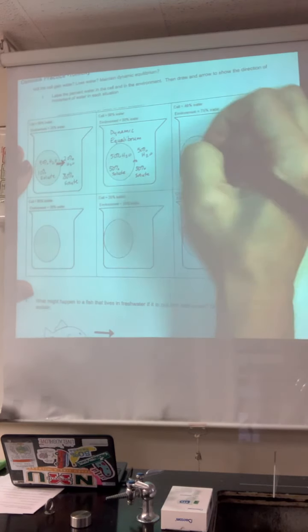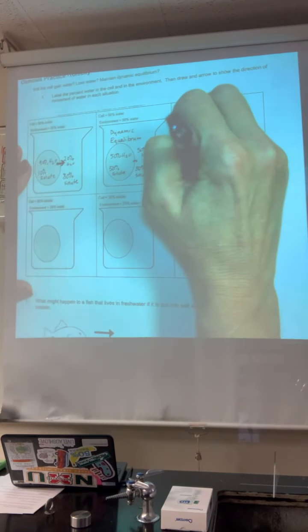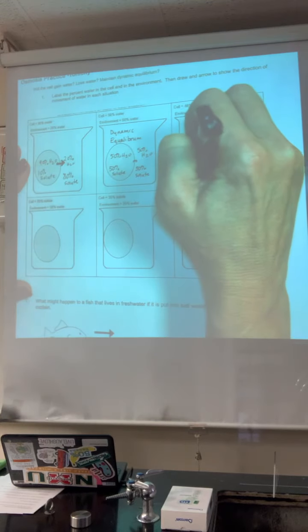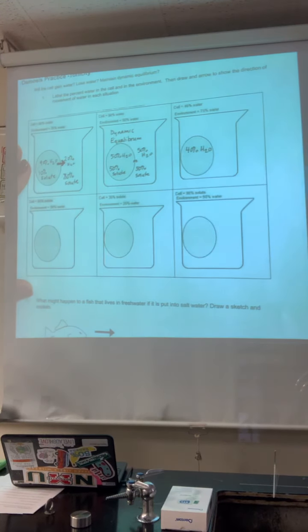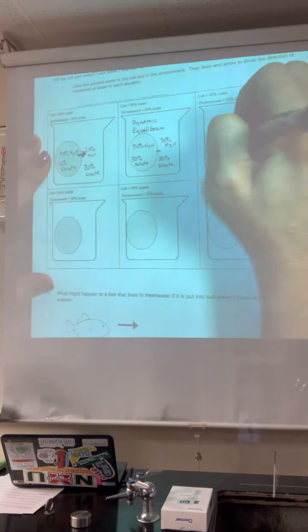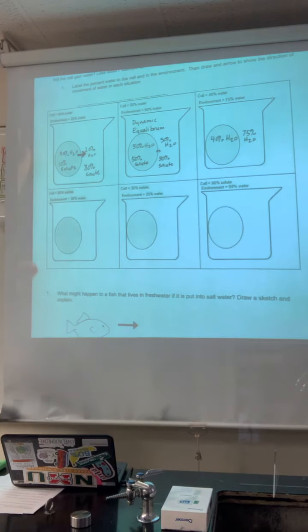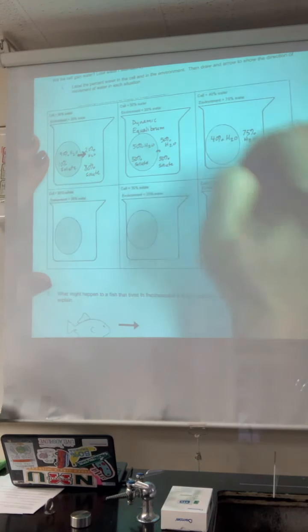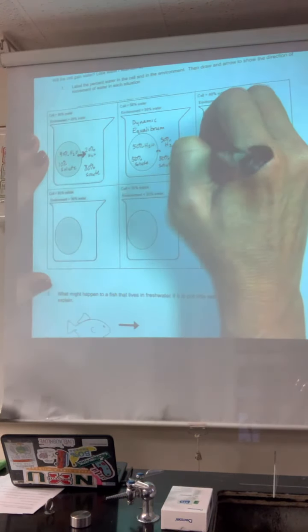All right, let's do the next one. If you haven't already moved on to the next one, 40% water on the inside of the cell. And on the outside of the cell, we have 75% water. Let's do the math. On the inside of the cell, how much solute would we have? 60. Yep.